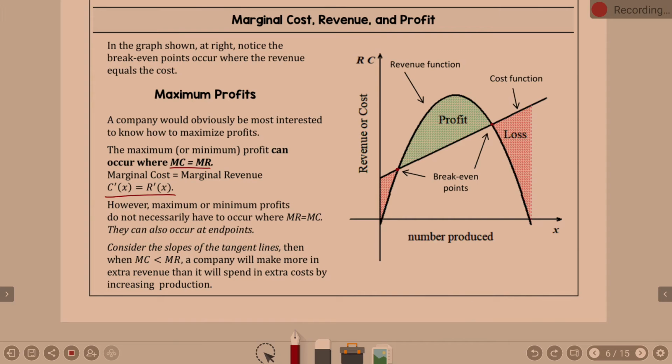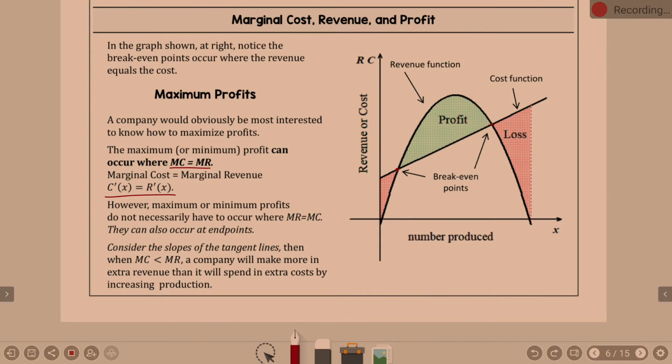Consider the slopes of the tangent lines. Then when the marginal cost is less than the marginal revenue, a company will make more in extra revenue than it will spend in extra cost by increasing production. So marginal cost, well, the slope of that line is always going to be right here, isn't it? Because this is cost.